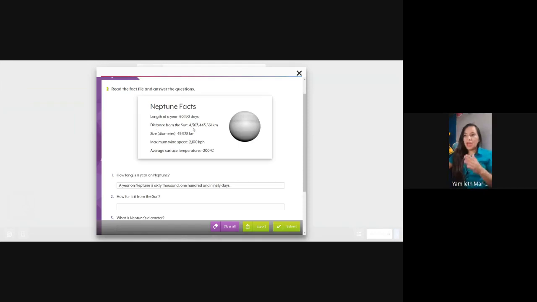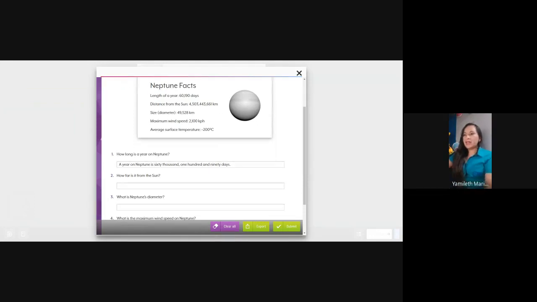Distance from the sun, 4,543,443,661 kilometers.